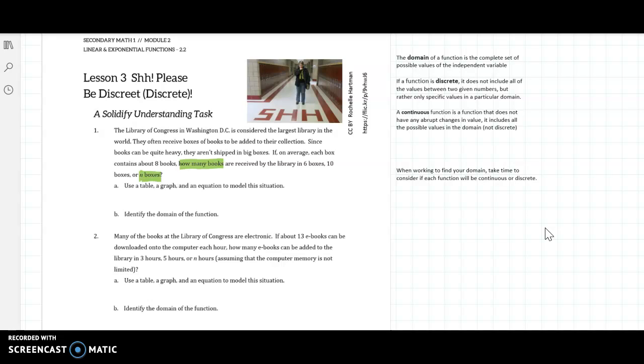Then, identify the domain of the function. When you're working to find your domain, take time to consider if each function will be continuous or discrete. Remember, a discrete function does not include all the values in a particular domain, but a continuous function does.